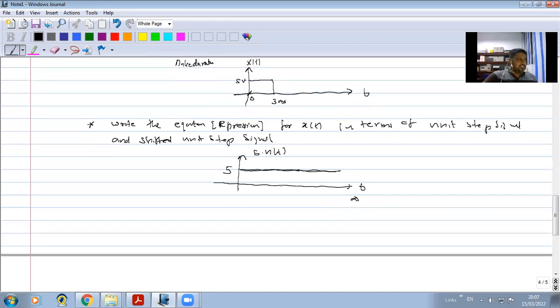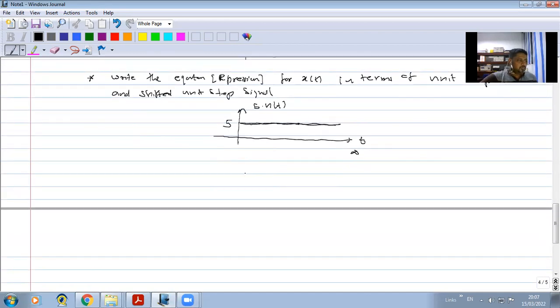Now consider the shifted unit step function, 5 u(t minus 3 milliseconds). It starts from here and its constant value is here. It is normally 1, so multiplied by 5, this also will be 5.